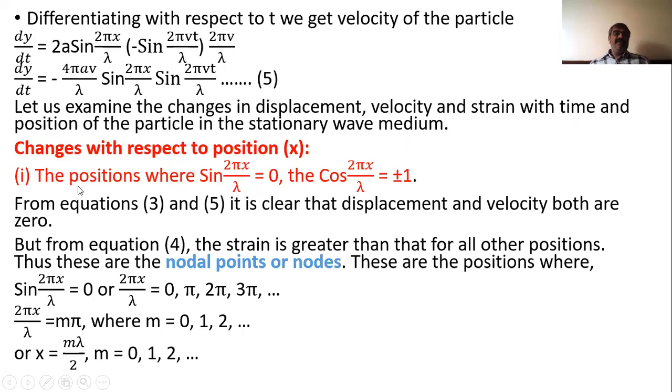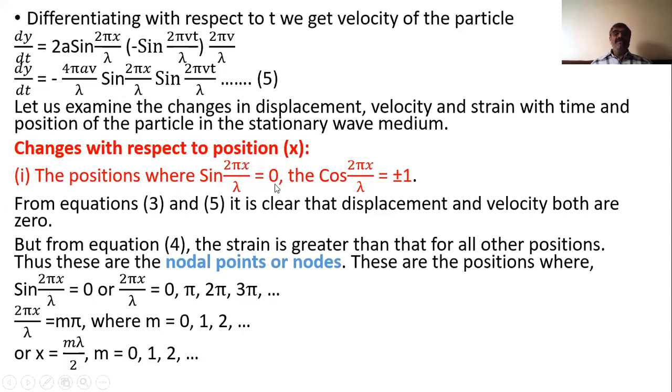Now let us look at how the changes take place with respect to position, the distance from the interface. With respect to position there are two trigonometric functions, sine 2 pi x by lambda and cos 2 pi x by lambda.